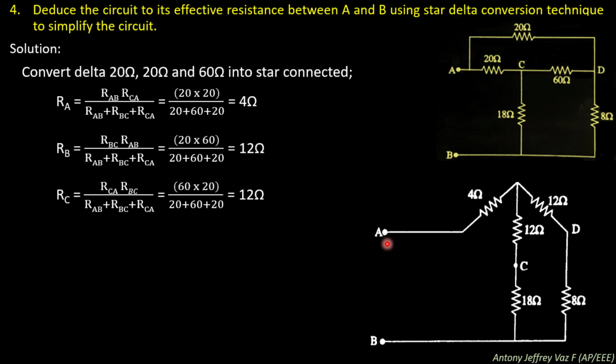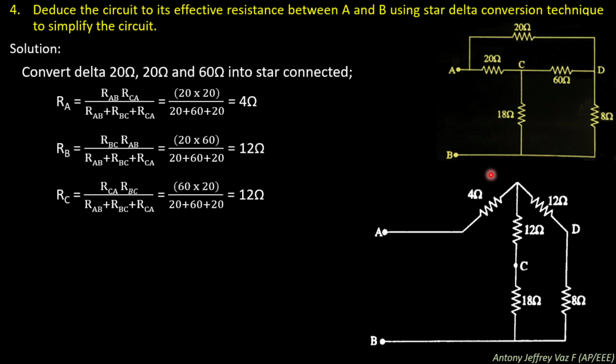Now to find the effective resistance across the points A and B, you need to look into the circuit. First you can see these two resistances are in series. Next these two resistances are in series. After that, this branch and this branch are in parallel. After these two parallel branches, one resistance is in series with them.